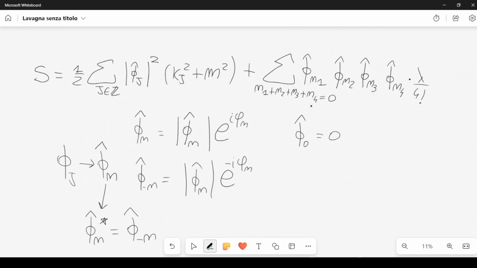And assuming that these phases are randomly distributed, this phi sub n, in particular, let's consider them to be part of a uniform distribution. So they are uniformly distributed, and the result will only depend on the amplitudes if you think about it.